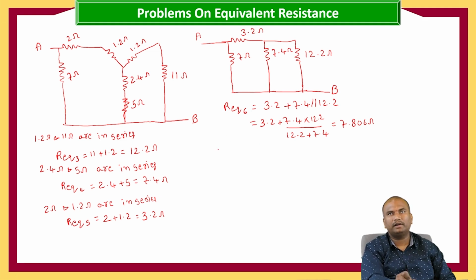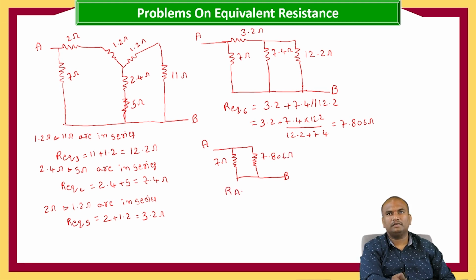Now our circuit will be this is B, A, 7 ohms and 7.806 ohms.